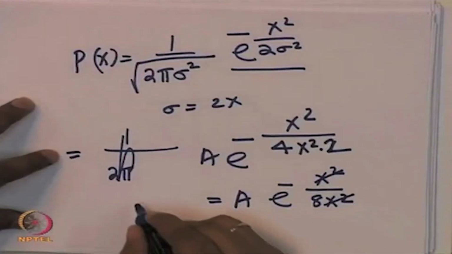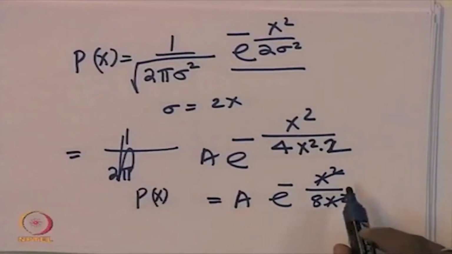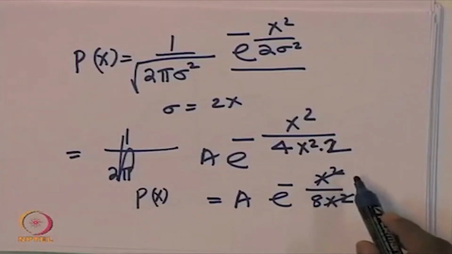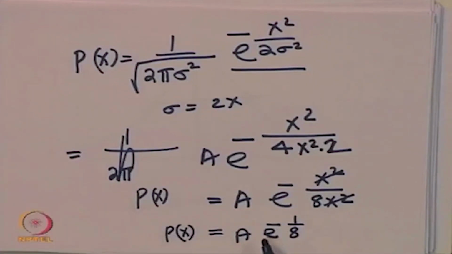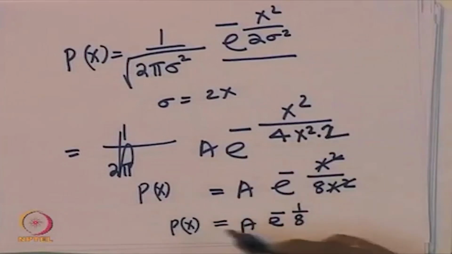So, we will get p of x is a e power minus x square by 8x square, and x square and x square go. So, what do you get? You get a e power minus 1 by 8. So, what is a? When x is equal to 0, if you put x is equal to 0, p of x is a.